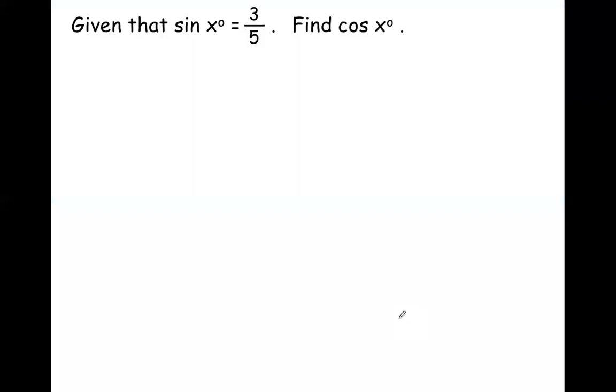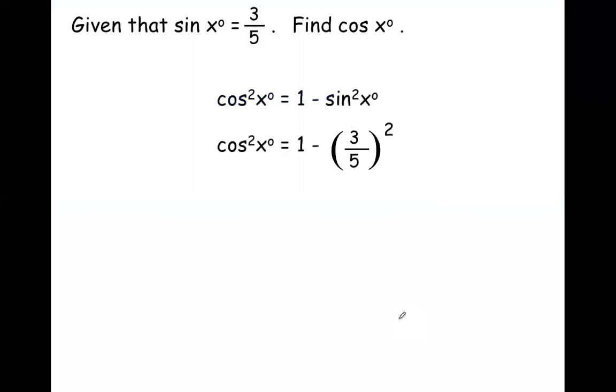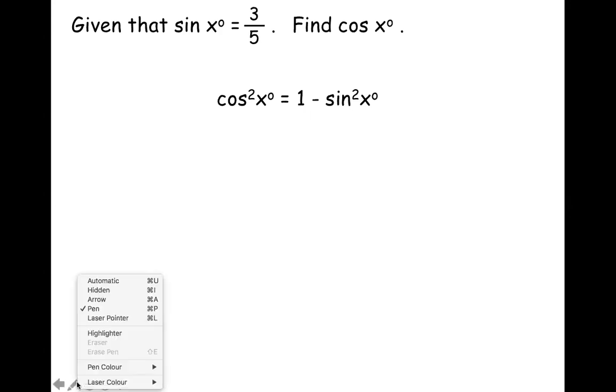Okay, so let's see here. Given that sine x equals 3/5, find cos x. The first thing we need to do in this kind of exercise is to use one of our trig identities.